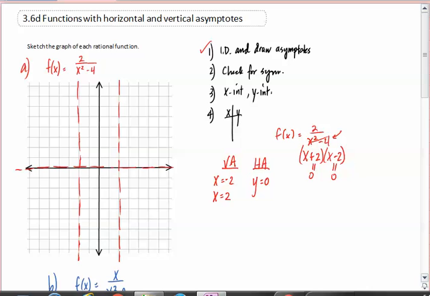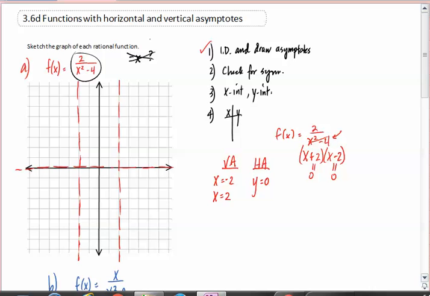Alright, so now I'm going to check visually for symmetry. When I look at my original equation, I have a number at the top, so I don't have any variables, and then I have x squared minus 4. If I were to put in a negative x, what would happen? If I put in a negative x, nothing would change. It would be the exact same thing.